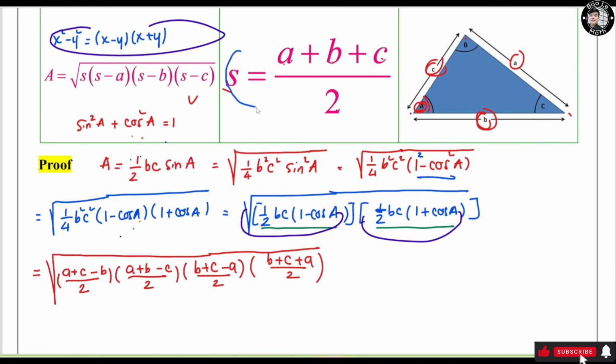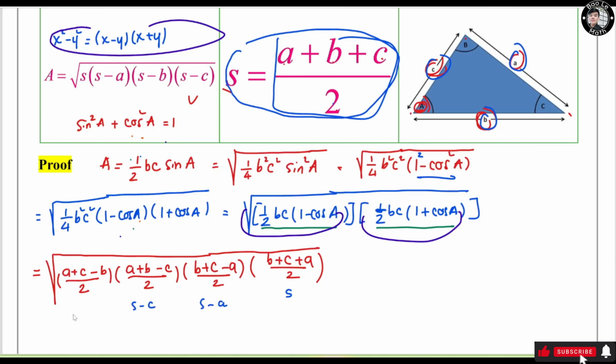We let s be the semi-perimeter, which is (a plus b plus c) divided by 2. I replace this factor with s. This one is actually s minus a, this one is actually s minus c, and this one is actually s minus b.